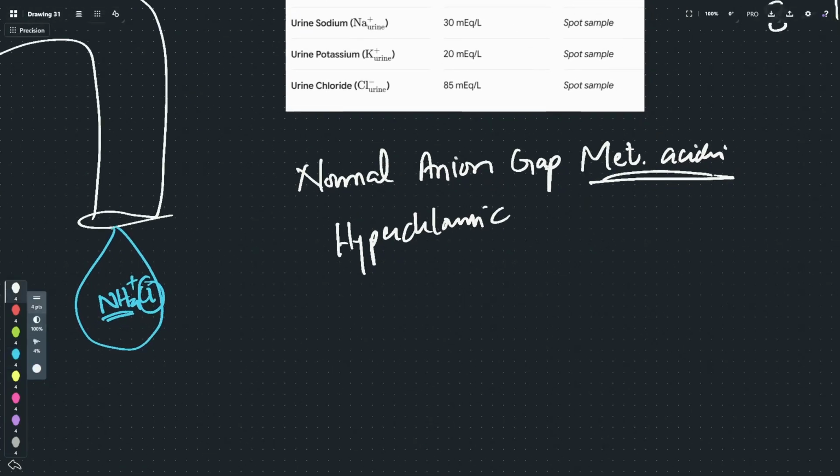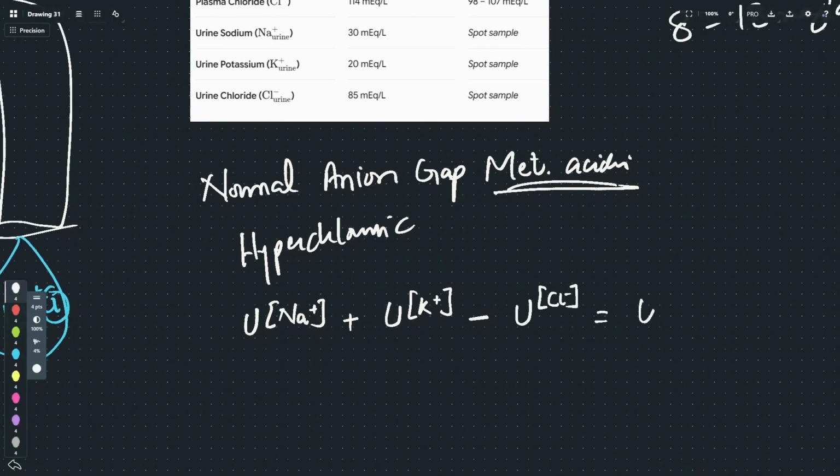So if I write this equation, urinary Na positive plus urinary K positive, the potassium level, minus urinary chloride level. This is the urinary anion gap. It's a very simple concept.